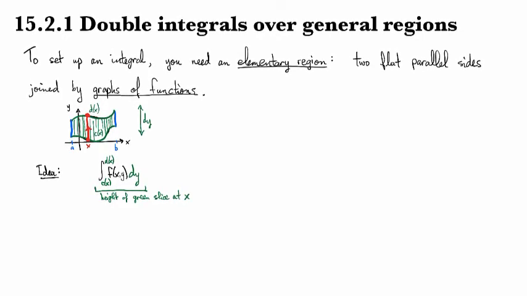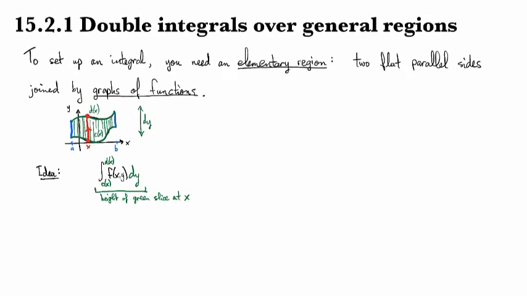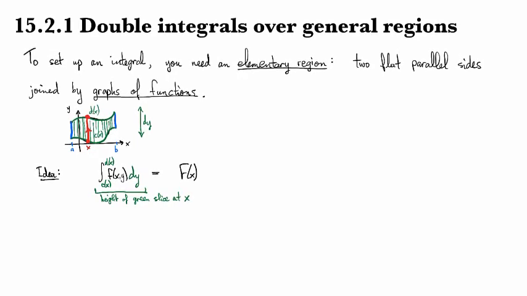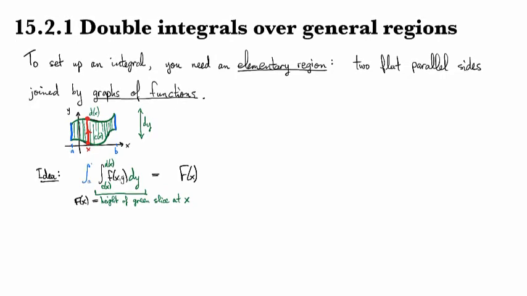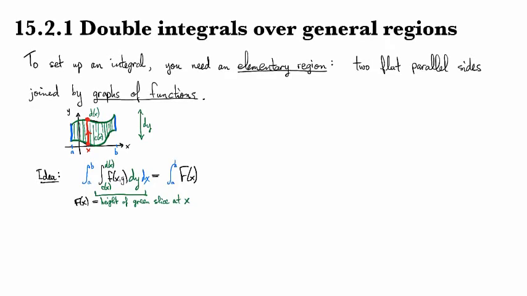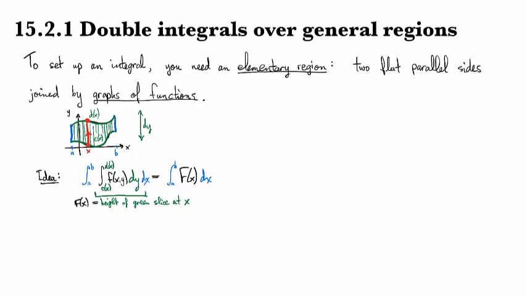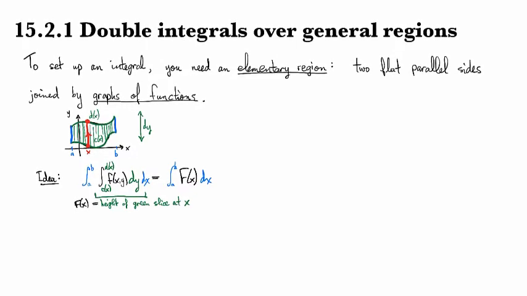So let's say, first off, this height of the green slice at x, I could call that capital F of x. And now I'm going to integrate that from endpoint to endpoint. And that's going to give me the entire integral that I'm interested in. Okay, so that's one type of elementary region.